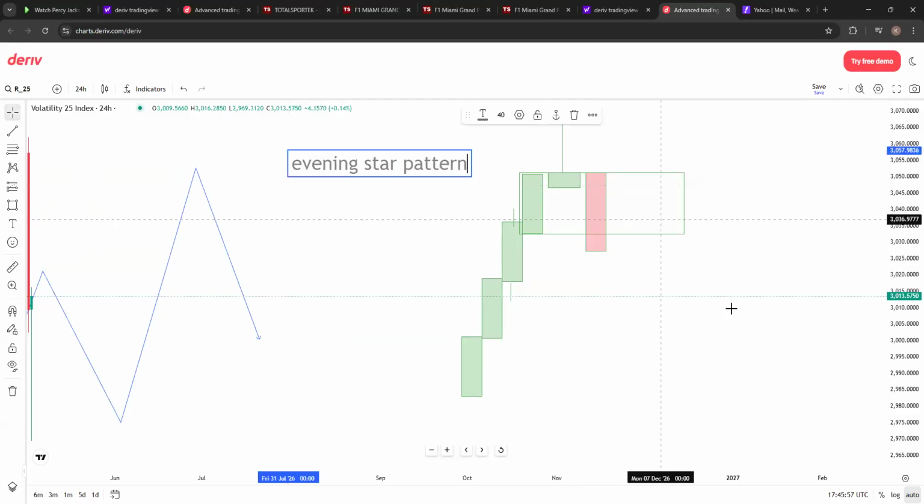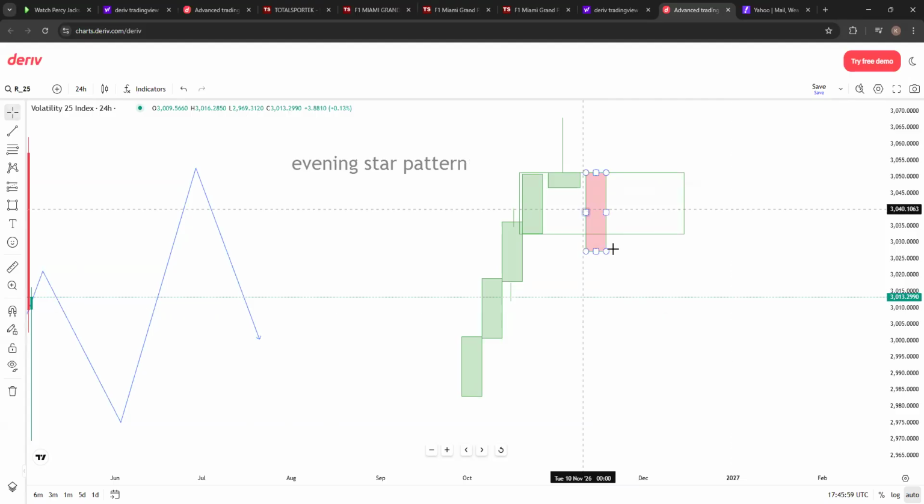Now that we have an evening star pattern, it signifies a high. This now means that a high has been made.